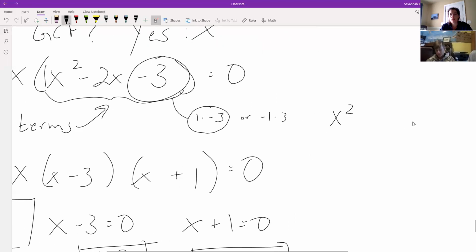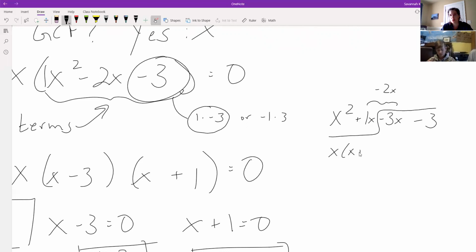You can say what used to be x squared minus 2x minus 3 can be x squared plus 1x minus 3x minus 3. So you can take what you had and kind of pull it apart and do the standard factor by grouping. That's always a safe thing to do. And you'll get those matching factors, matching GCFs.